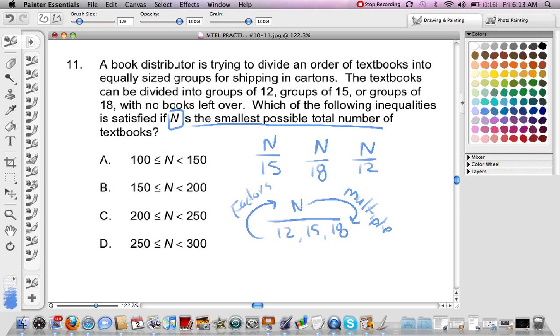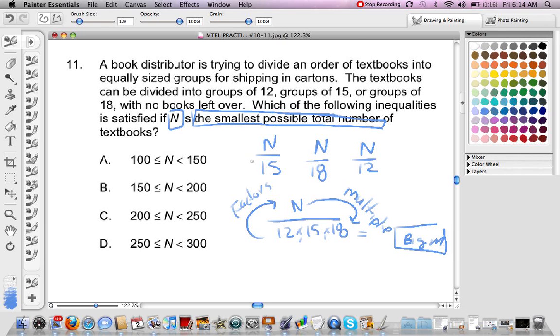And I'm not just looking for any multiple of 12, 15, and 18, because if I were, all I would do is multiply the 12, the 15, and 18. I get some really big number, and that would be a big multiple. But I'm not. I'm looking for the smallest possible total number of textbooks.